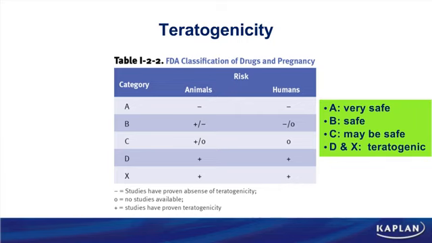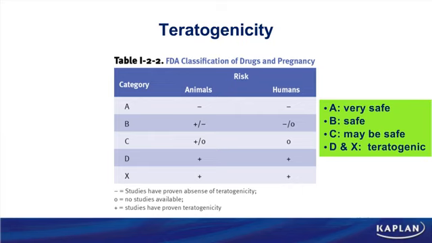But there is a difference in how category D and category X are viewed in terms of your patient. For example, a category D drug, you might decide to actually continue your pregnant patient on that drug only if the benefits of that drug to the patient outweigh the risks to the fetus. An example would be if you don't have any suitable alternatives to treat their condition.